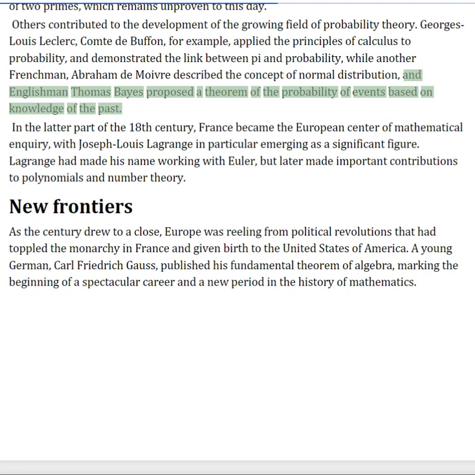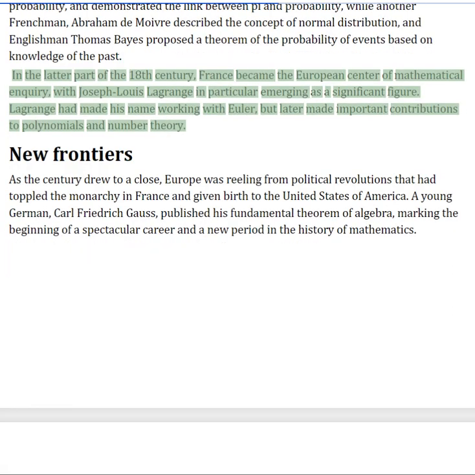An Englishman, Thomas Bayes, proposed the theorem of the probability of events based on knowledge of the past. In the latter part of the 18th century, France became the European center of mathematical inquiry, with Joseph-Louis Lagrange in particular emerging as a significant figure. Lagrange had made his name working with Euler, but later made important contributions to polynomials and number theory.